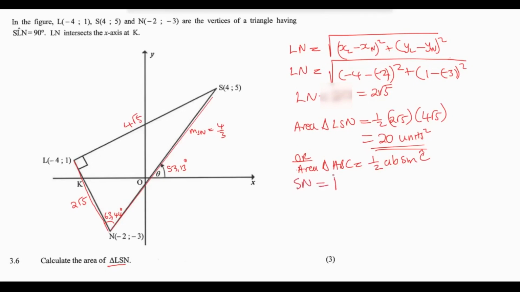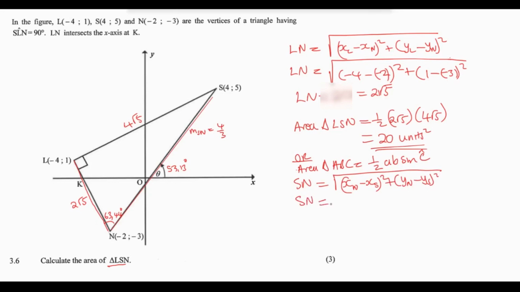SN is equal to the square root of x at N minus x at S, squared, plus y at N minus y at S, squared.